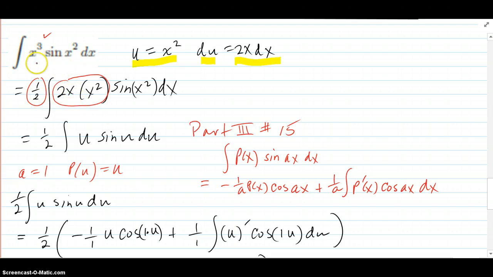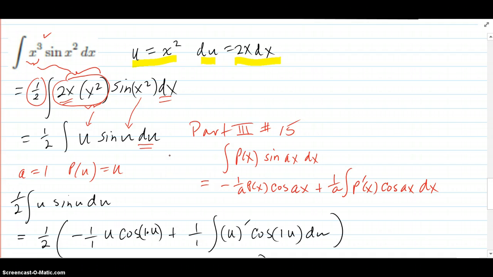But see how I split apart? The x cubed is right here, and I have sine of x squared there. So now I'm going to substitute everything. 2x dx is the du, the x squared is the u, so sine of u, and this x squared right there was the u. So this is the integral I now have.